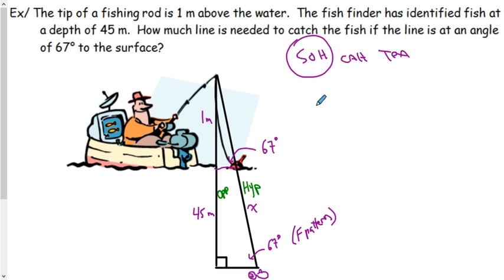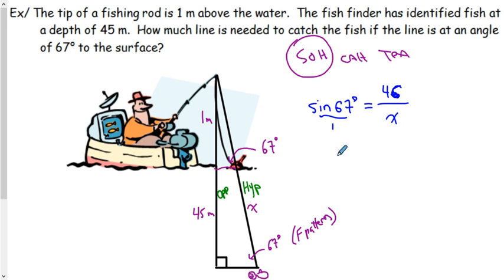So I'll write out my ratio. I'll say sine, and I'll write out my angle, 67 degrees. Now I need to write my opposite side, 46, because it's the whole side of the triangle. 46, 45 plus 1, over hypotenuse, which I don't know, which is x. Okay, let's solve.